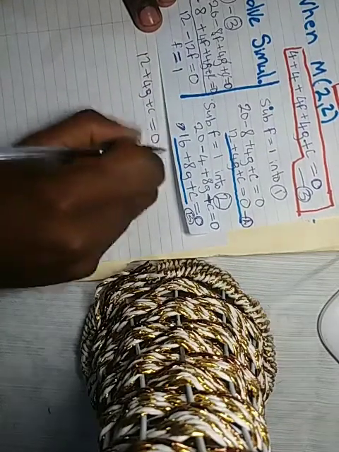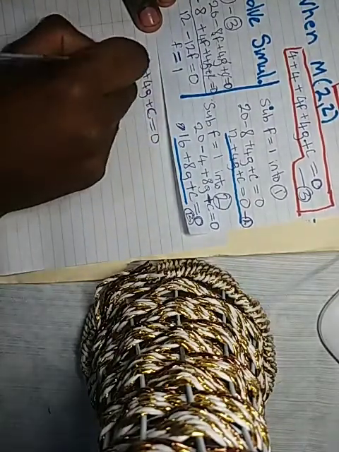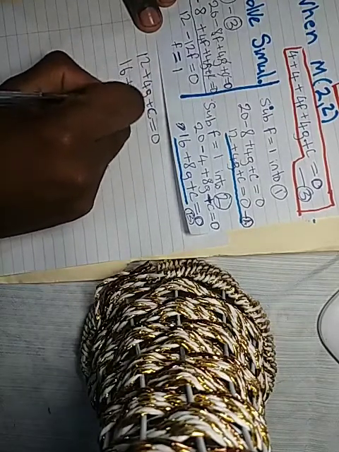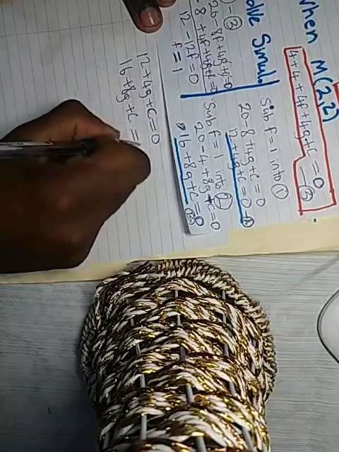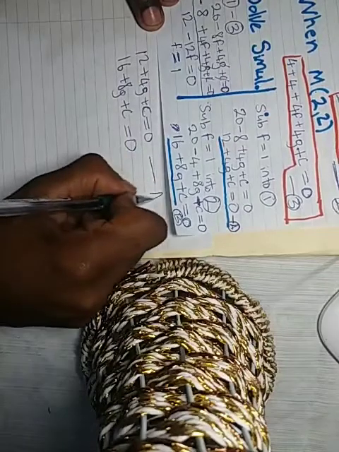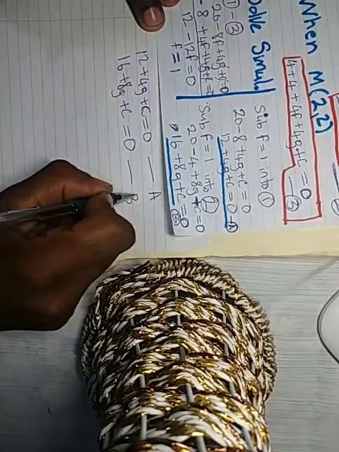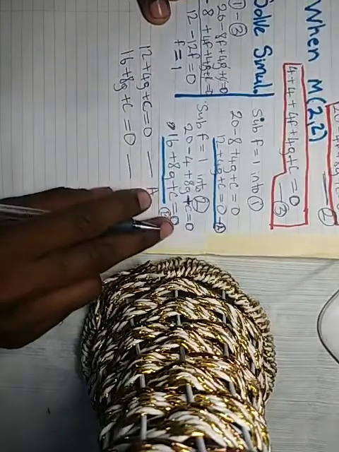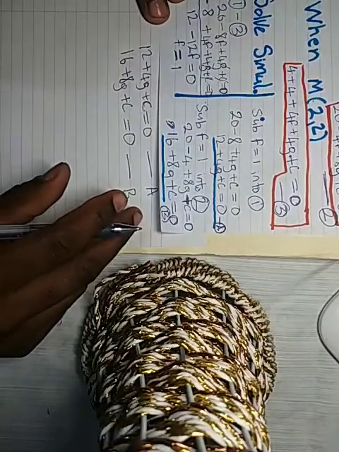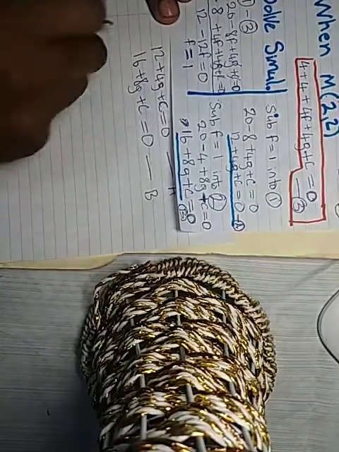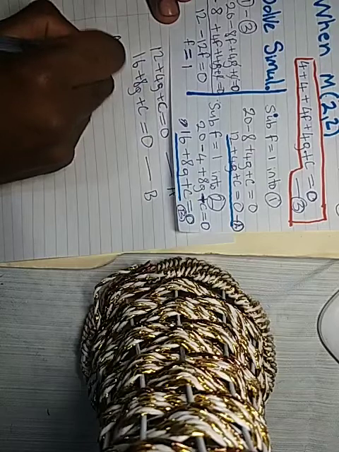We have 12 plus 4g plus c is equal to 0, and 16 plus 8g plus c is equal to 0. This is my equation A, and this is my equation B. What can I do to eliminate a variable here?